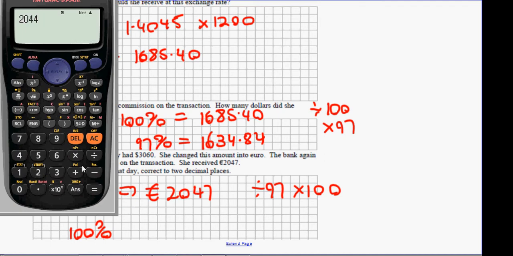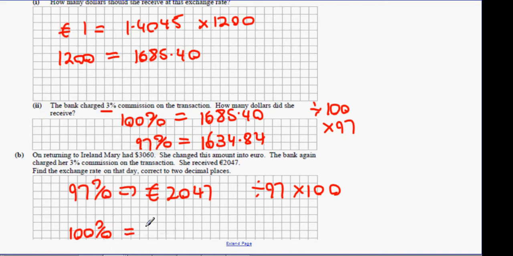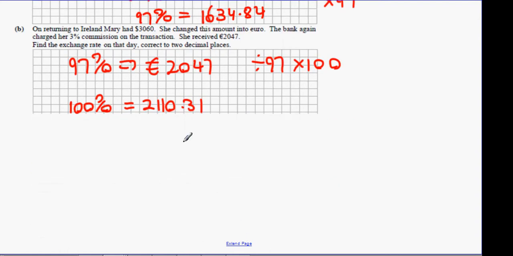2047 divided by 97, multiply by 100. And what we get here is 2110.31. Okay? That's how much euro she should have got. Now what does this amount of euro equal in dollars on that day?